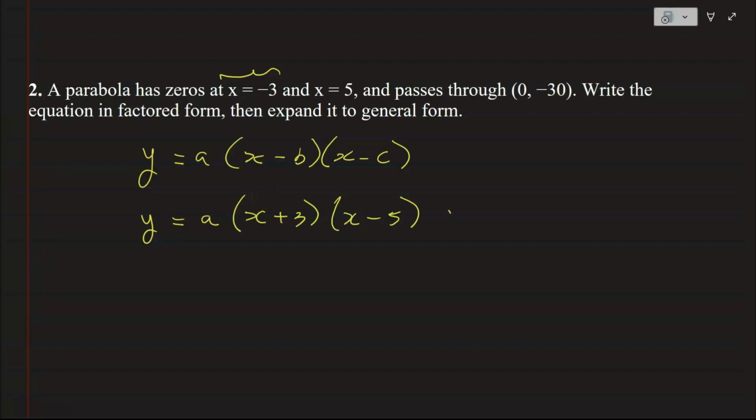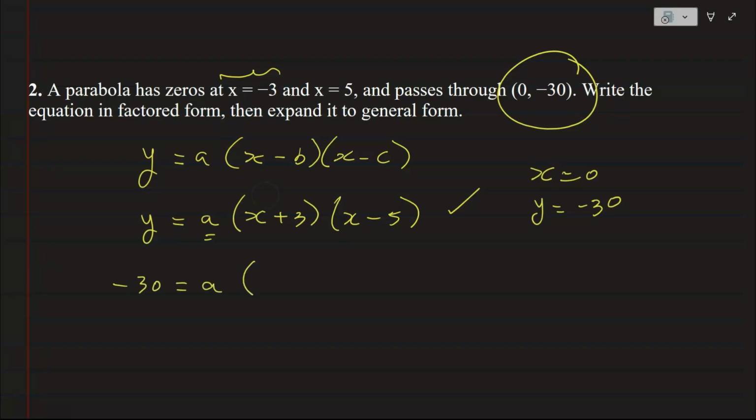Now, you're not done yet because we don't have a, and we need to write this equation in factored form fully. To solve for a, we're going to use that point (0, -30). Okay, x is 0, y is equal to -30, and that is basically your y-intercept. We're going to plug it in. So -30 equals a, and 0 is for x. (0 plus 3)(0 minus 5).